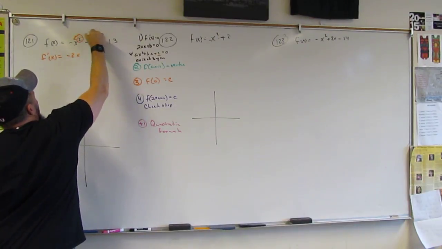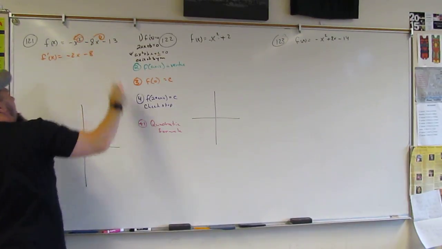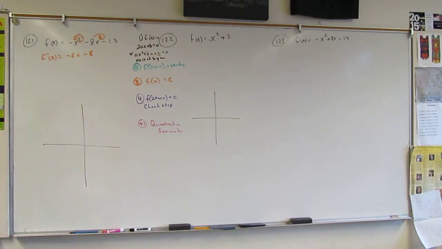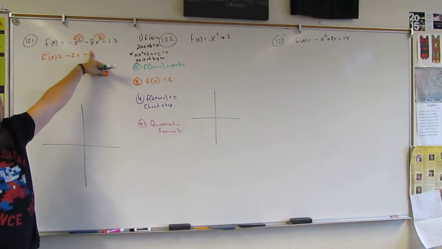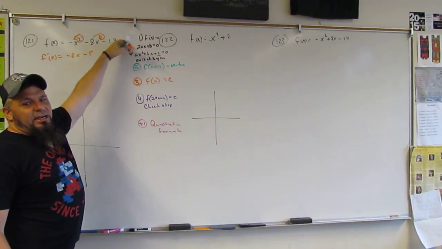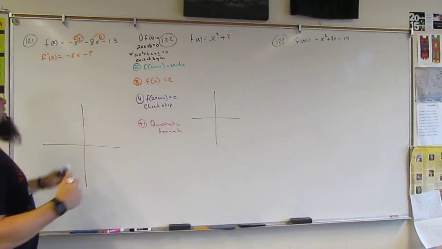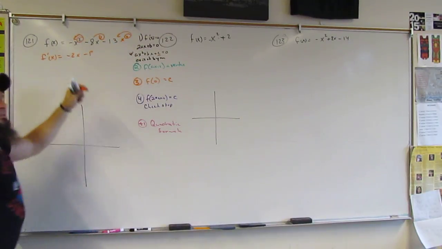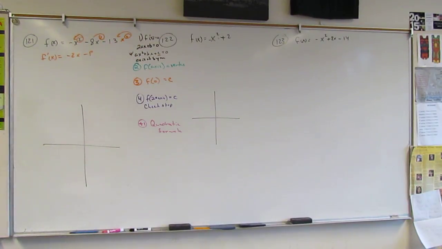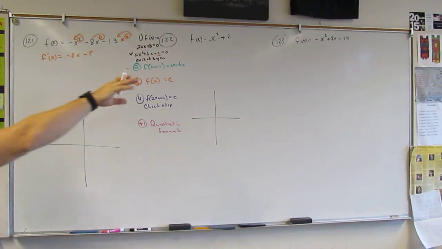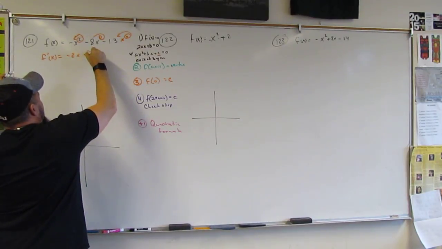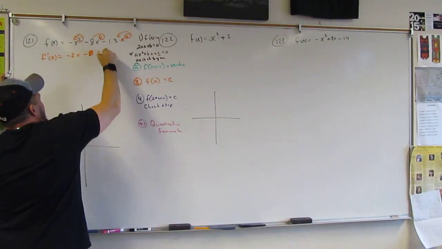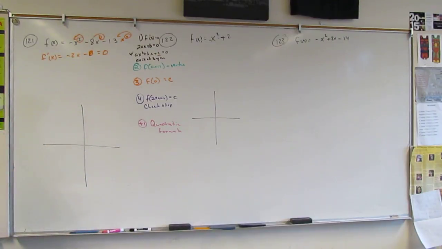Then we take 1 times -8 is -8, right? Take 1 away, that's none, so there's no x's. That's really x to the 0. And then what is 0 times 13? 0, right? So that goes away. And so we're left with this -8, and then we set it equal to 0.